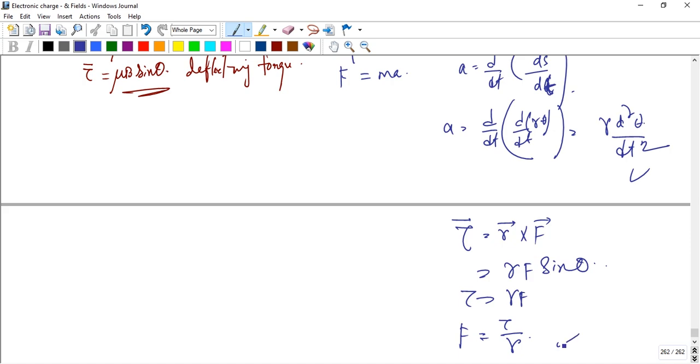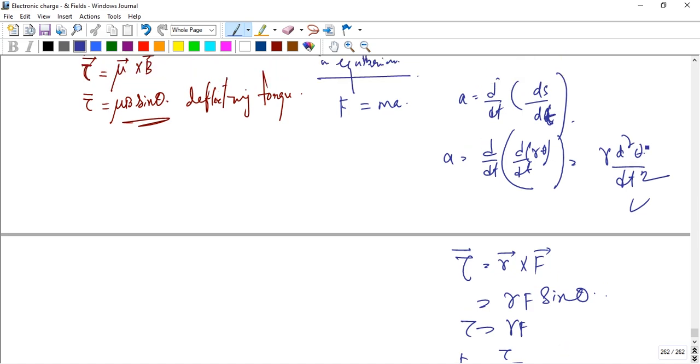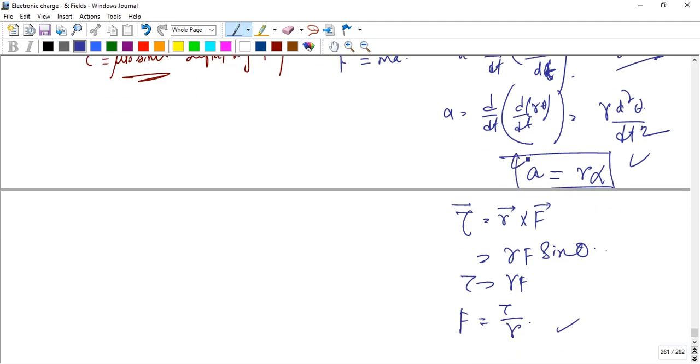We get these two expressions, and this d2 theta dt2 is the angular acceleration, equal to alpha. Alpha represents angular acceleration. That is the linear acceleration and the angular acceleration.